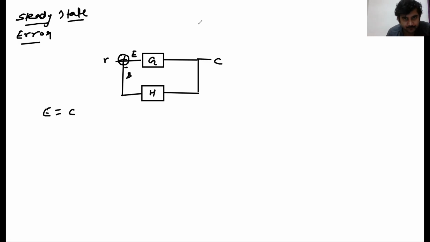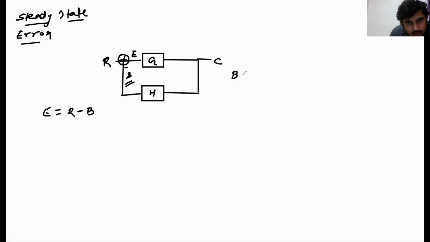No, one second. So we have to calculate error. You have given some input R. So error is defined as the input R minus the feedback. This will give the error signal. So what is B here?